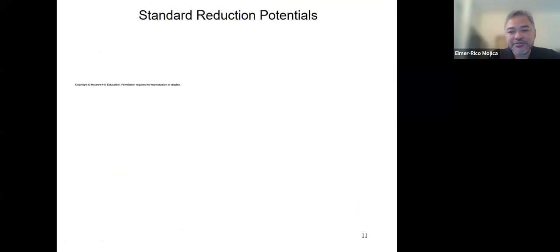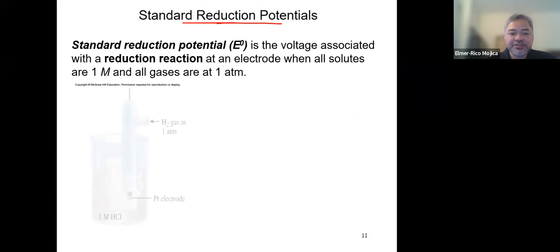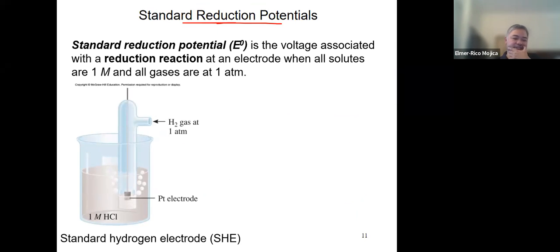So what they did before is to develop some sort of a standard rule wherein they determine the so-called reduction potential of each substance around the world. So what they have is the so-called standard reduction potential.